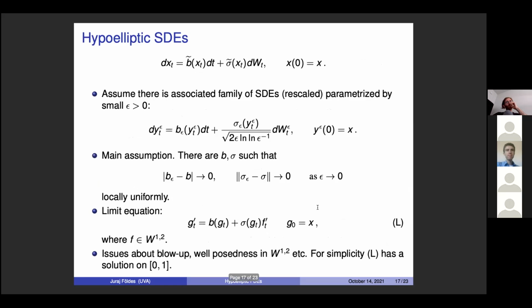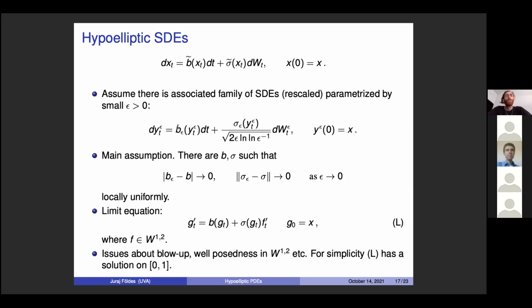All right, let me steal one more minute. If we try to do it for the hypoelliptic equations, here are the results I'd like to show you. For our equation, we associate a new equation, which is a rescaled equation.